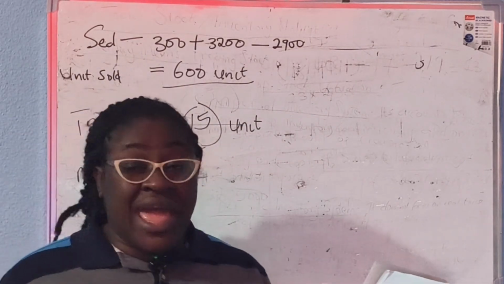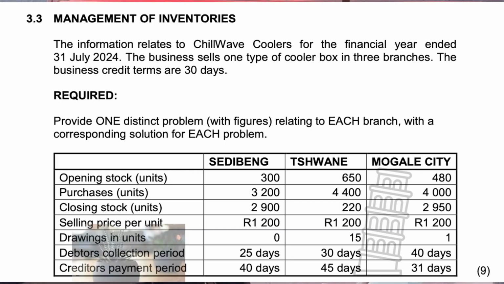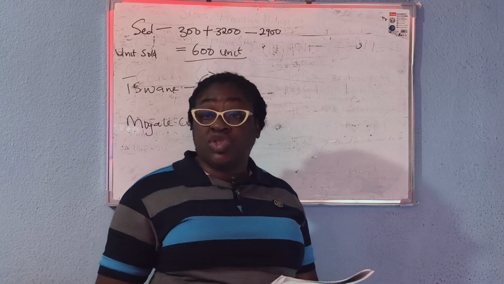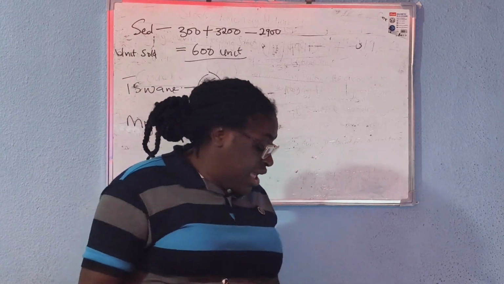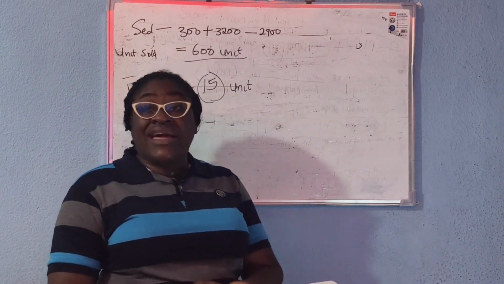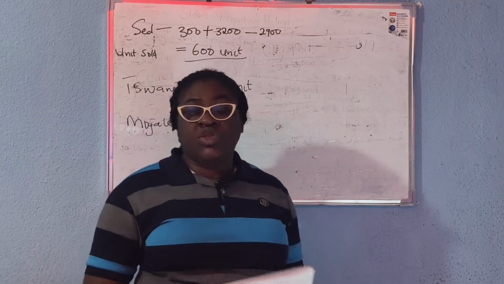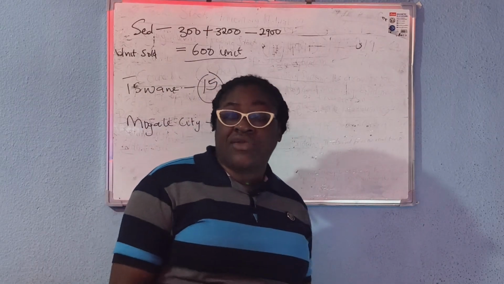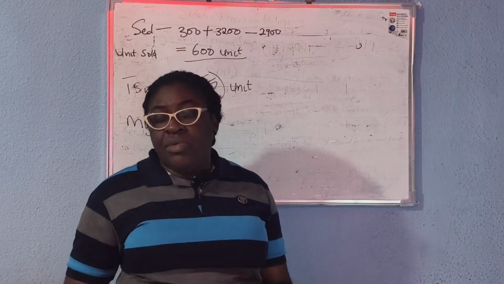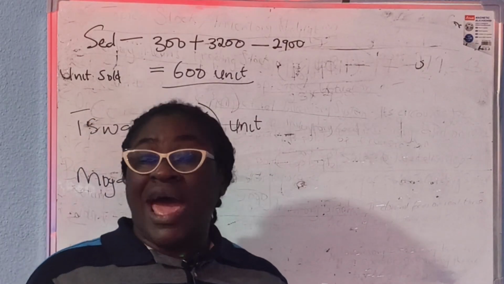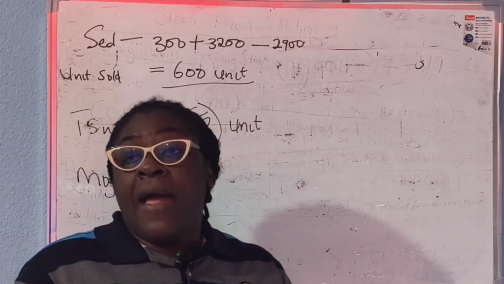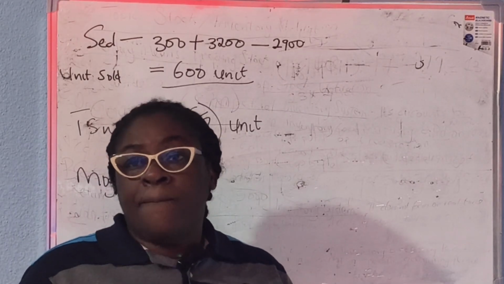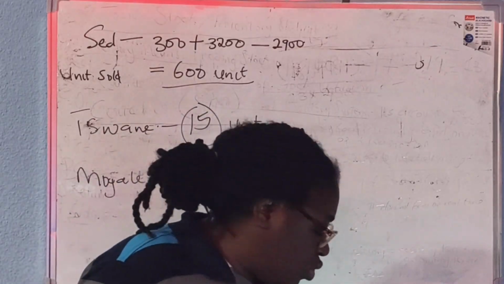They use 31 days to pay their creditors, and the debtors use 40 days to pay their debt. So their credit terms should be checked. They should seek negotiation with their creditors to give them more time to pay. And then they should adjust their debtors collection policy. And then that will be it.